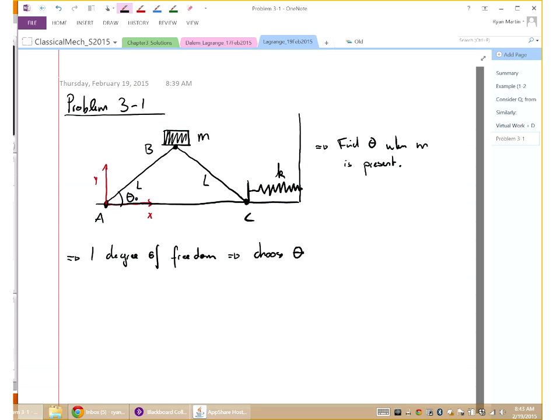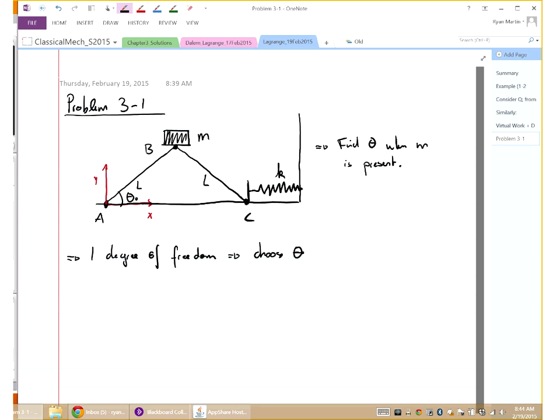Next, we need to identify the forces on the system that can perform virtual work. And that's not necessarily trivial, but remember the whole point of this was that we can ignore the internal forces.